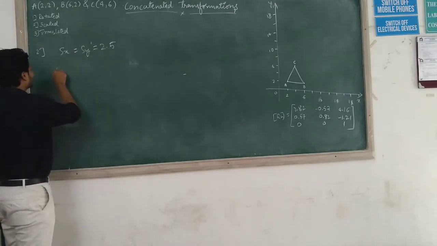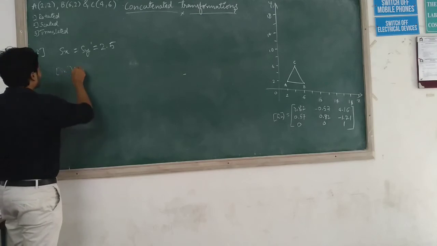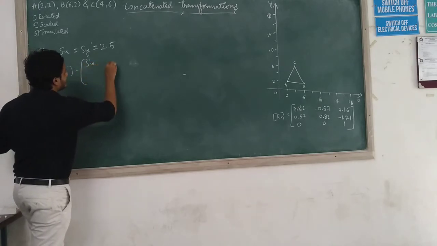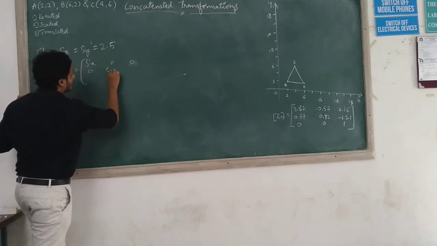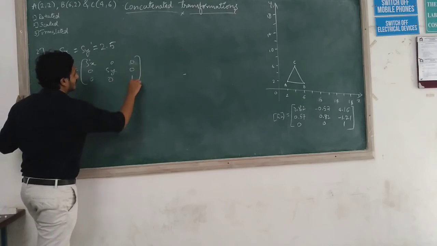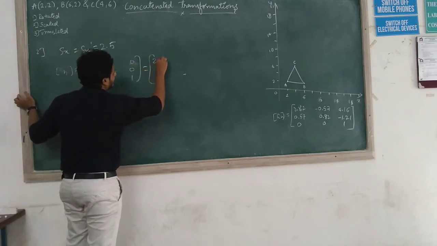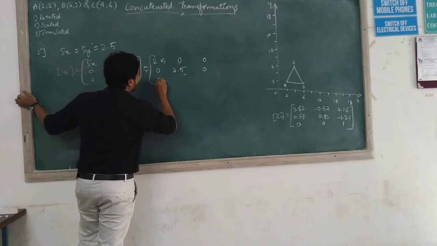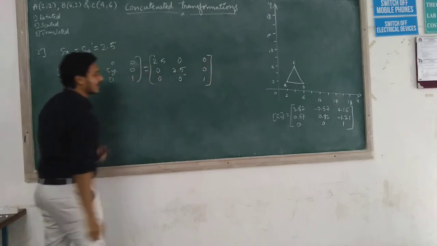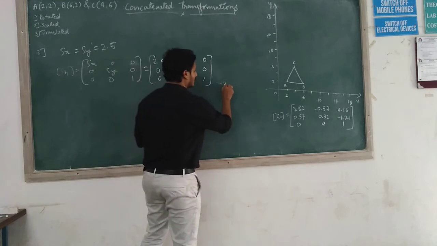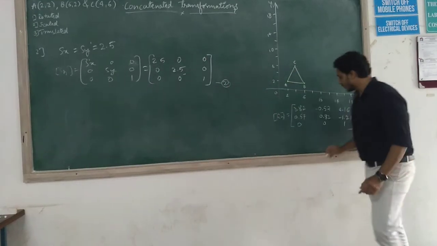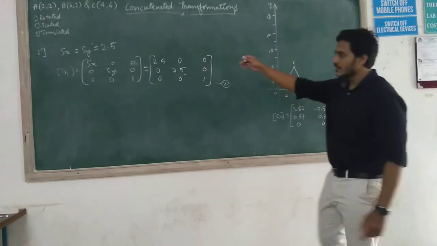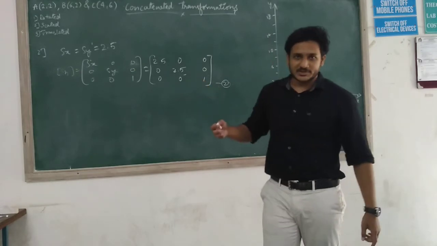The scaling transformation matrix is Sx 0 0, 0 Sy 0, 0 0 1. This goes for 2.5, 0, 0, 0, 2.5, 0, 0, 0, 1. Okay, we got the second one. The first one: once we rotate, we got the rotated transformation matrix. Then we get the scaling transformation matrix.